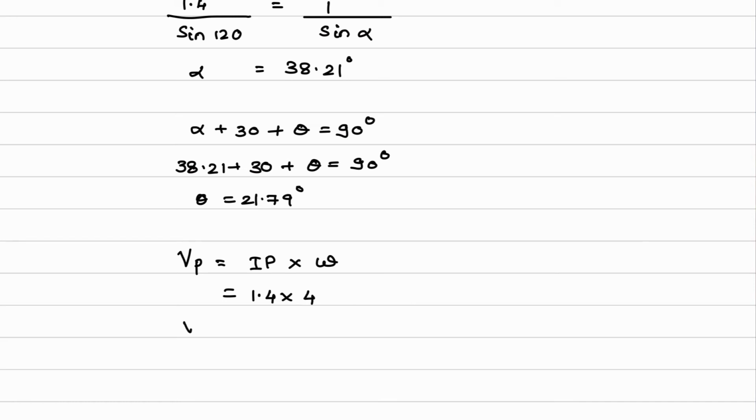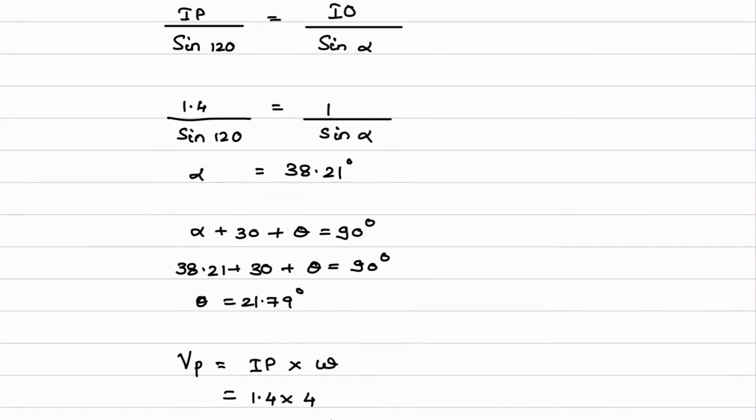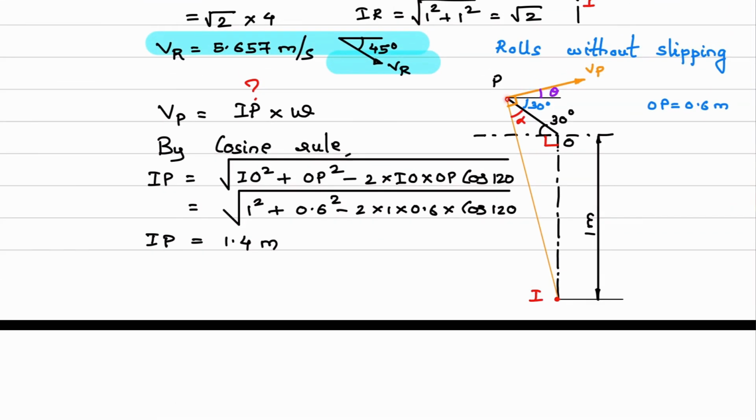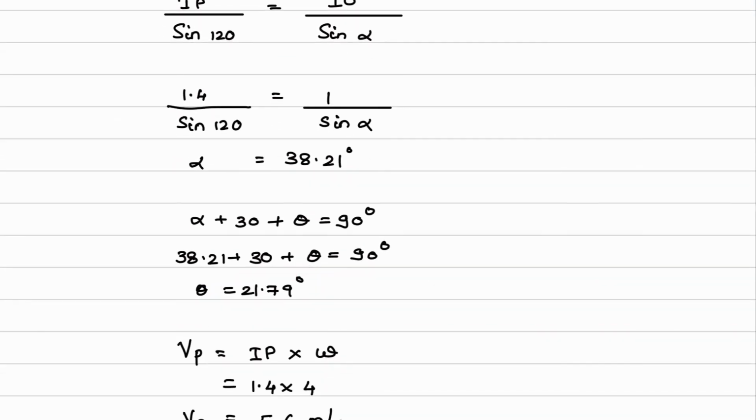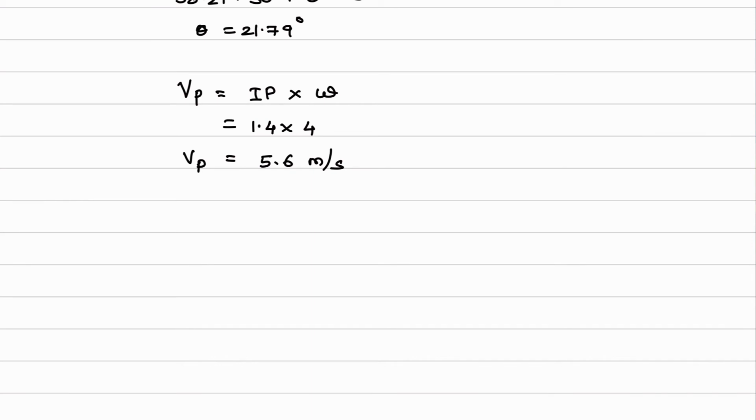So Vp is equal to 5.6 meter per second. What about the angle? The angle that Vp makes with respect to horizontal is theta, and theta we have already calculated, it is 21.79 degree. So the angle of Vp with horizontal is 21.79 degree.